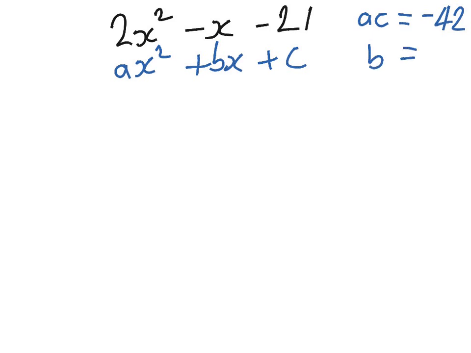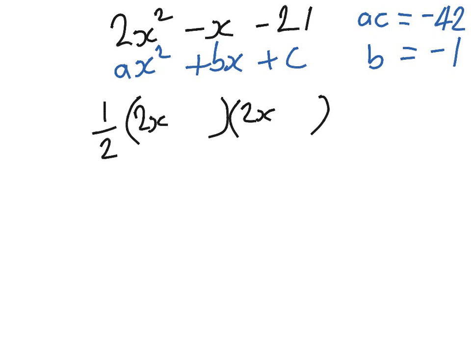And our b equals -1. So the brackets start off with the 1/2. First bracket, 2x, leave a gap, second bracket 2x, leave a gap. And so again, we need two numbers that multiply to make negative 42, and the same two numbers that add to make negative 1.